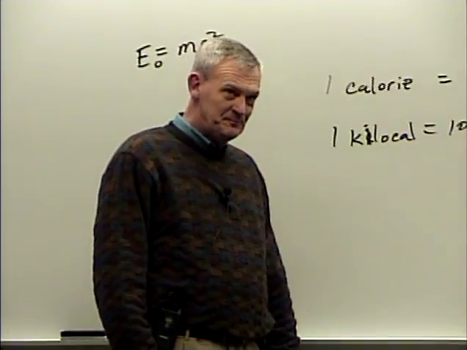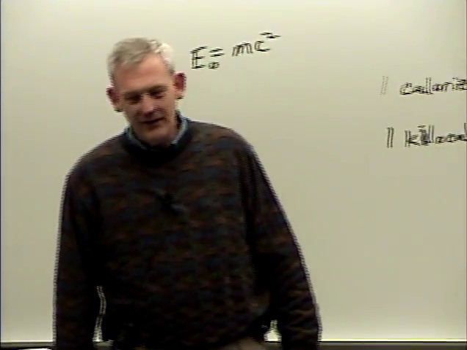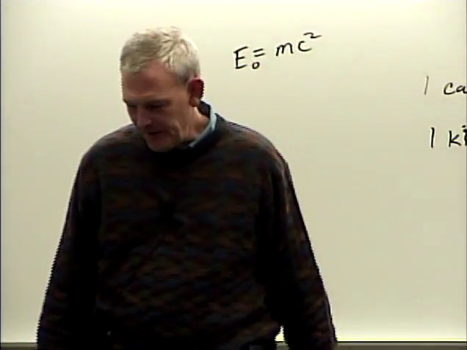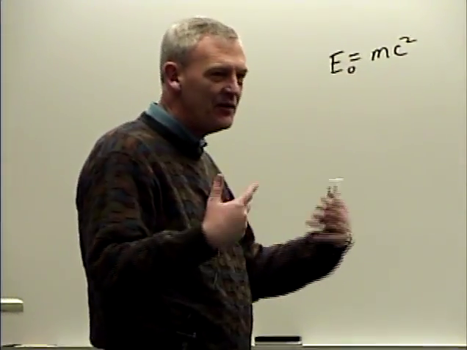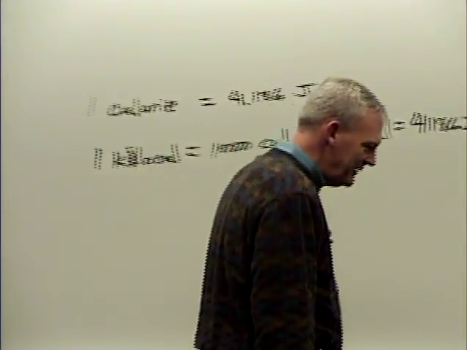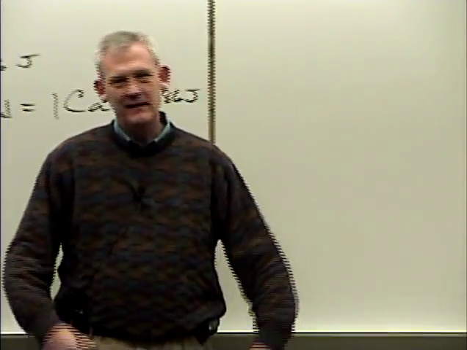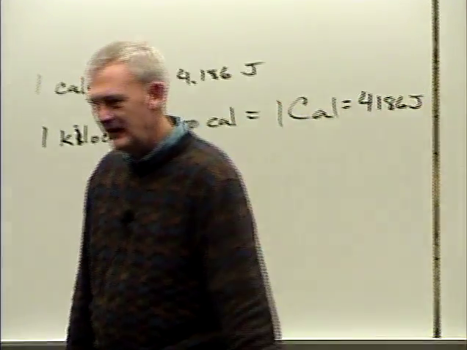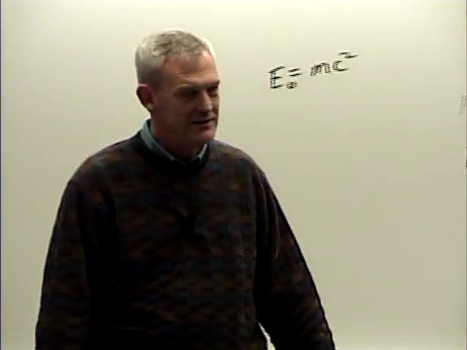The reason that we don't blow things up with chocolate chip cookies is because they release the energy so slowly. In other words, to get the energy out of the chocolate chip cookies, I've got to eat them, digest them, and turn that chemical energy into work energy.